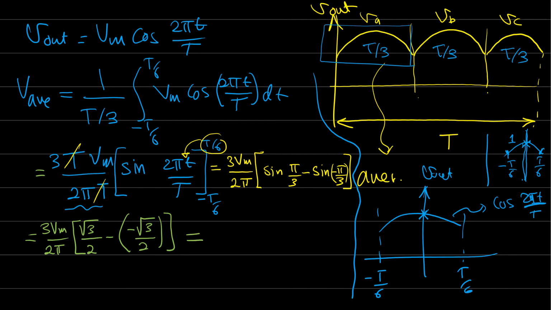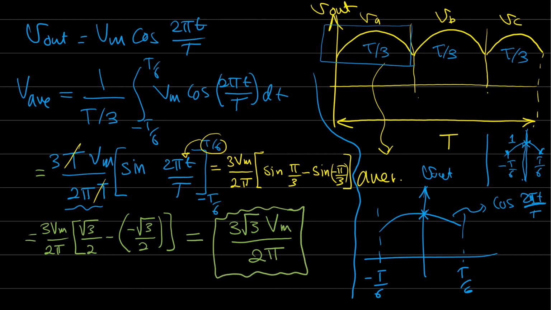At the end, the average for this is 3 times the square root of 3 V maximum over 2 pi. And this is the average for the output voltage of the three-phase half-wave rectifier.